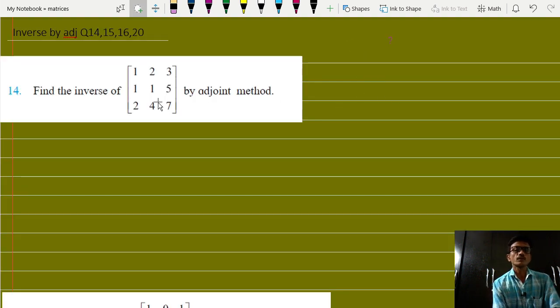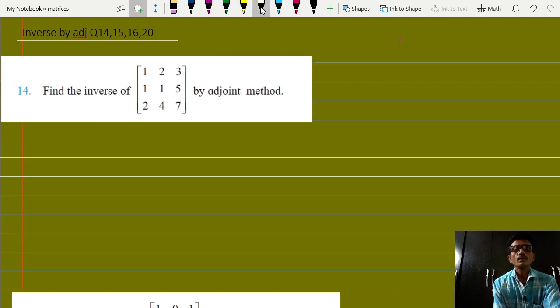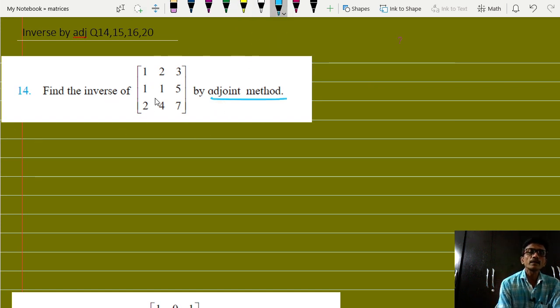Now let's do question number 14. Inverse of a matrix by the adjoint method. So first of all, what do you have to find? You have to find the determinant. Determinant of A is equal to 1 times (7 minus 20), which is minus 13, minus 2 into (7 minus 10), then plus 3 into (4 minus 2), that is 2.